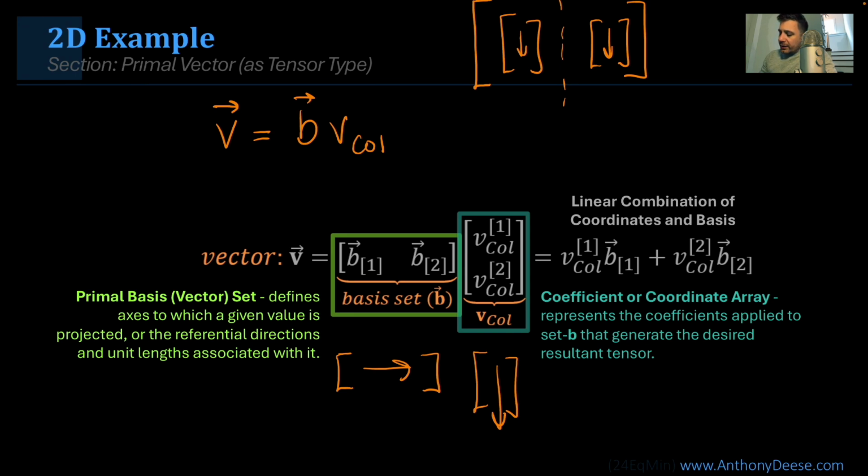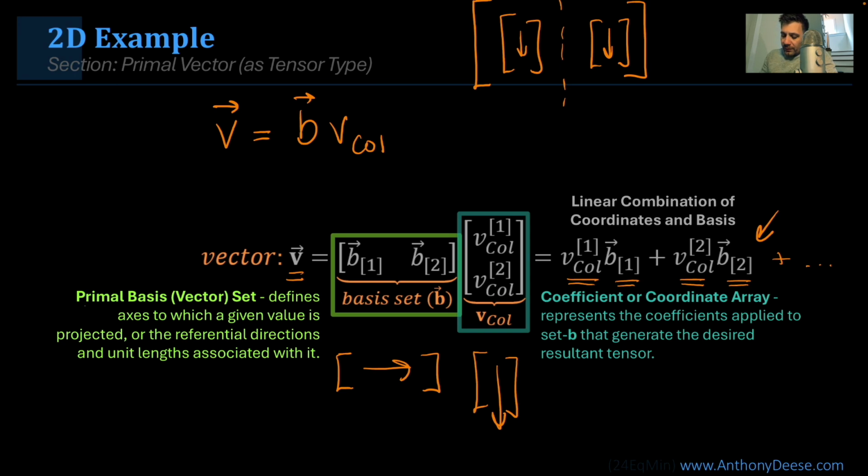And so over here, we have the product of the two, and again, we see that the resultant vector is equal to the first coefficient times the first basis vector, second coefficient times second basis vector, and then obviously you could continue that on if you had a higher number of dimensions.